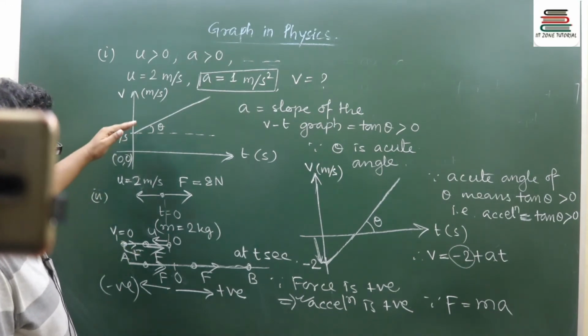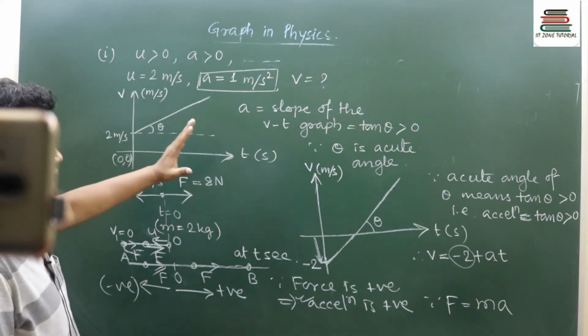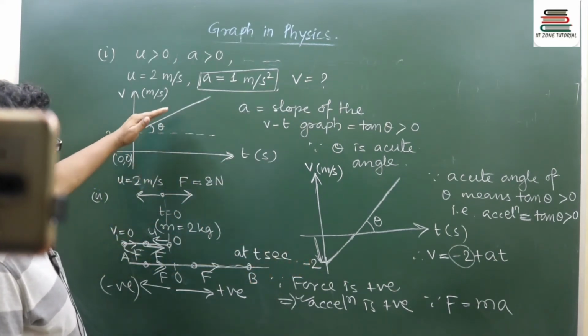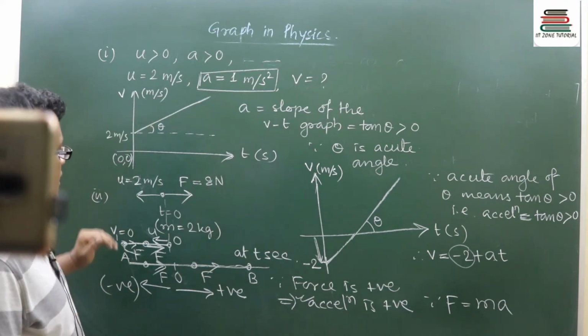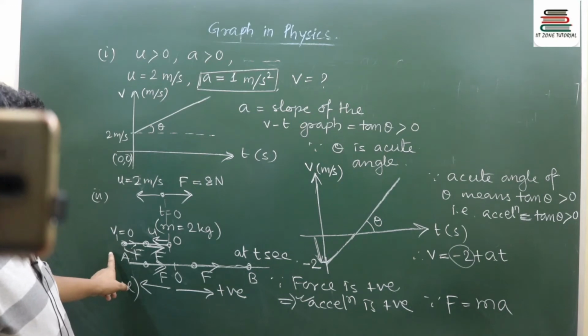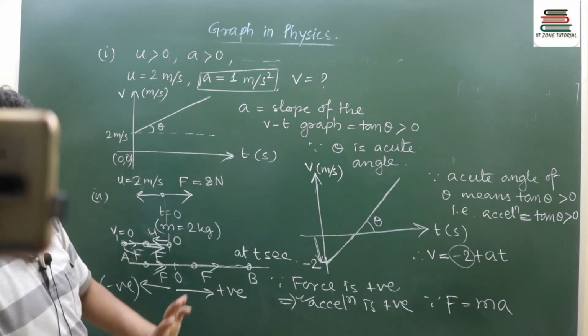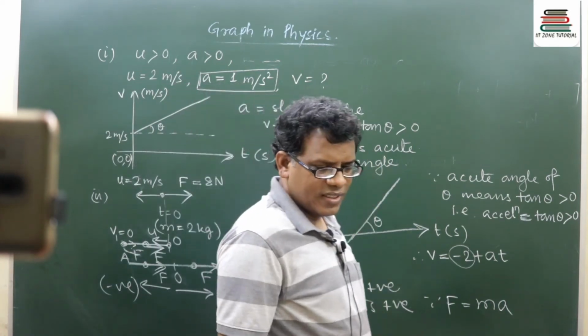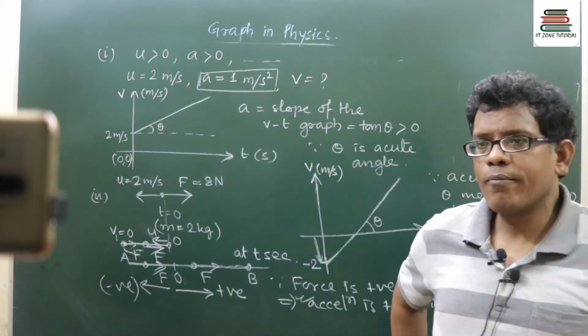So both graphs are representing accelerated motion. This one was when the initial velocity was positive, that is, in the direction of acceleration. Here the initial velocity was negative, opposite to the acceleration. So that's why the graph is a little bit like this.